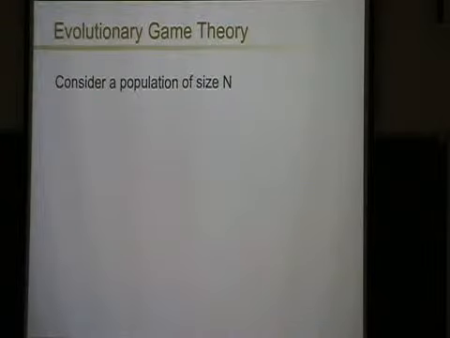Yes? Are you allowing mixed strategies where you play one thing 0.6 fraction of the time? Thanks for asking. That kind of thinking of playing a game with a certain probability belongs to strategic games. Here in a biological setting, you play the game for sure if you are an individual of a particular type. But they both are related.